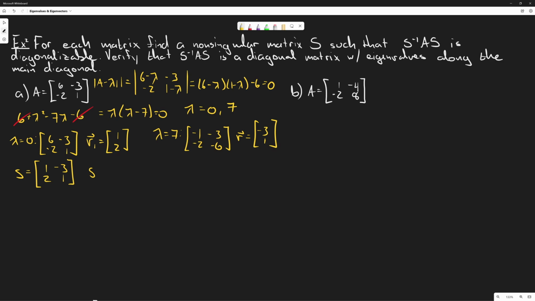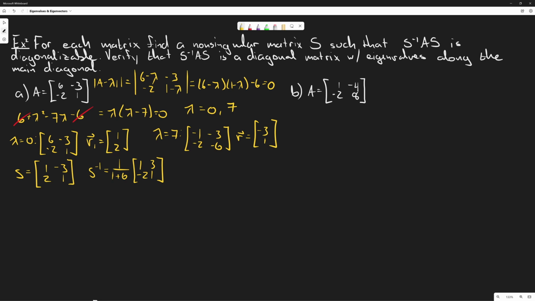So our inverse of S will just be 1 over 1 times 1, which is 1, minus 2 times -3 is -6, so that'll be plus 6. And then for the matrix, we switch the diagonals, and then we flip the signs of the other ones.